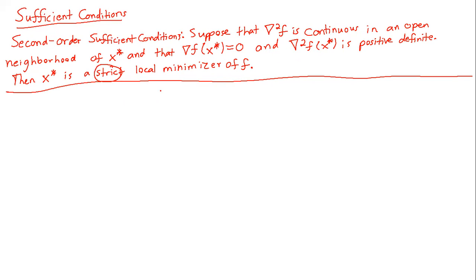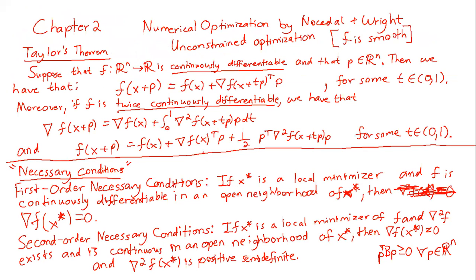This says it's positive definite, right? So that's more than was said over here. Over here it said if it is a local minimizer, del squared f of x star is positive semi-definite. So it could be semi-definite, it doesn't have to be positive definite.